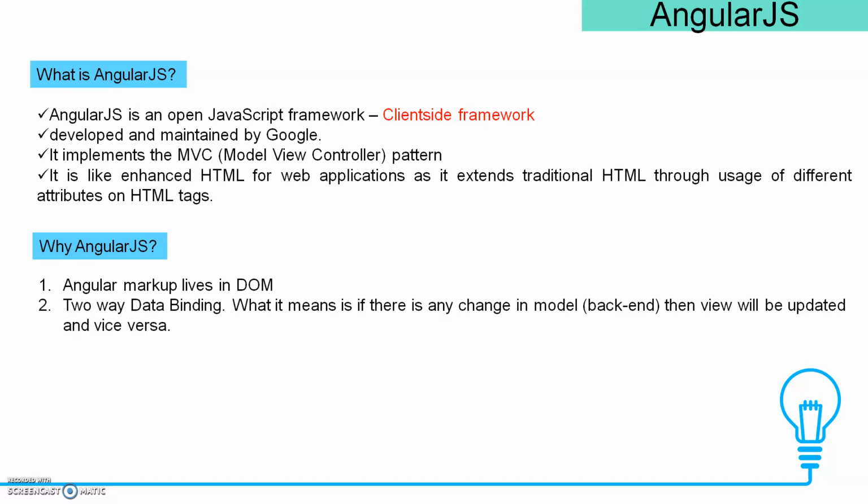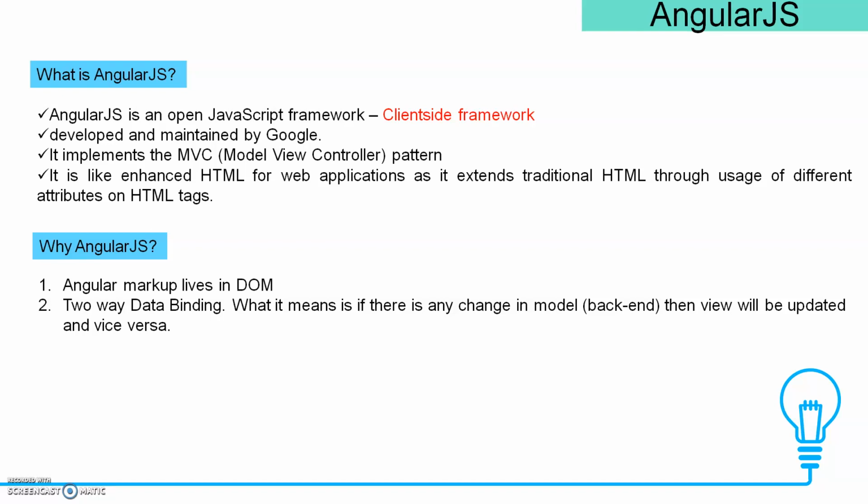Also, it has two-way binding. This is a very important feature of AngularJS. What does it mean? If there is any change in the backend, that is the model, then the view will be updated, and if there is any change in the view, that will be updated to the model. So both ways of data binding are done using AngularJS.